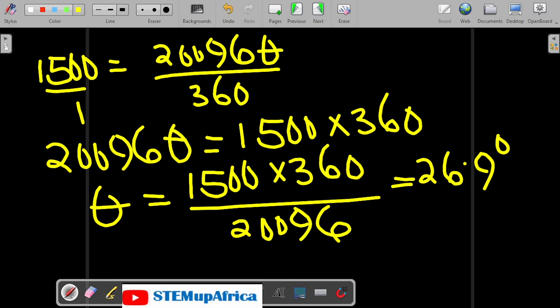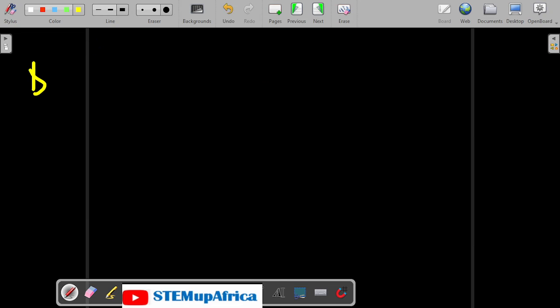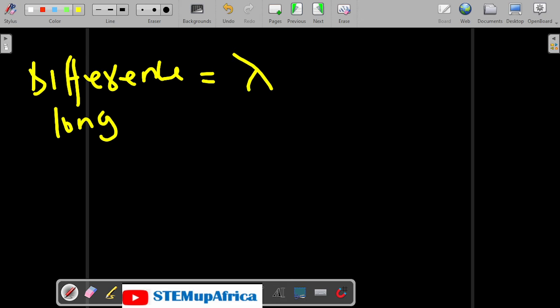26.9 degrees. Since both of them have the same latitude, to get the difference in longitude, we are going to subtract. That is the principle. So the difference in longitude is simply lambda minus 20, the second minus the first, and the value we got was 26.9.